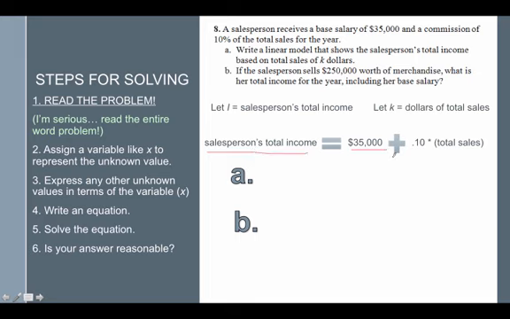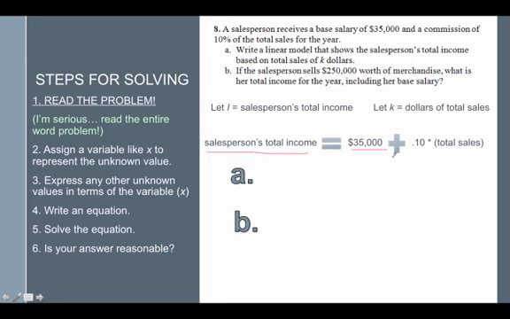Then in part B, it asks, if the salesperson sells $250,000 worth of merchandise, what's her total income for the year, including her base salary? That is a math word problem telling you to plug $250,000 into part A where you see a K. $250,000 is her total sales, so we're going to plug it in right here, and you can see that's exactly what I've done.